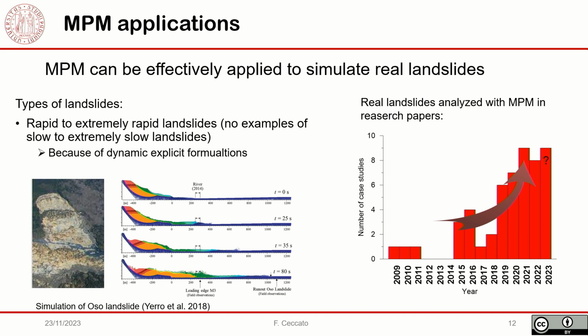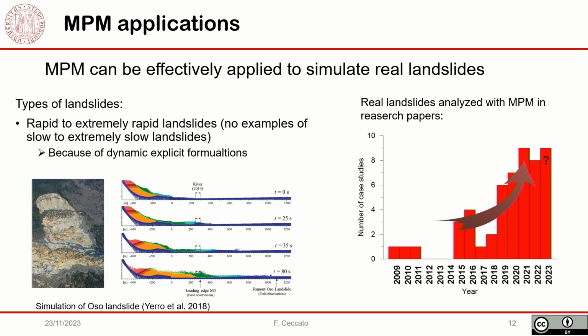So real landslides, not model slopes or experimental cases, which are fundamental for the validation of the method. But in this chart, I just put the number of real landslides simulated with the material point method in research papers through the years. And as you can see, there is a very sharp increase in the number of real cases in the last few years. This means that the method is probably now mature to be applied to real cases.